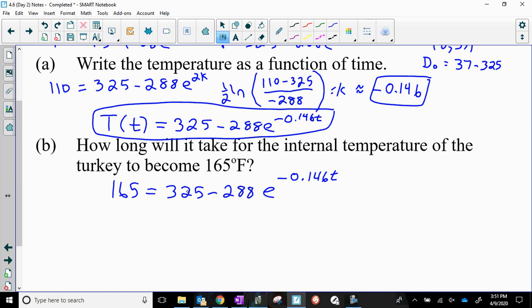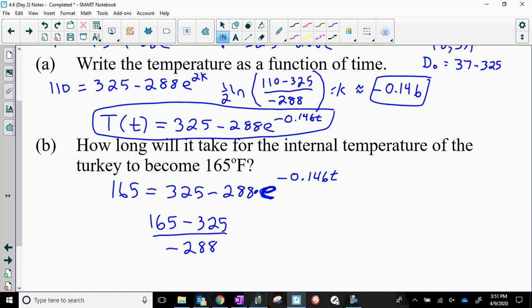So I'm going to isolate. So I'm going to subtract the 325 first. And then I'm going to divide by that number. Then I'm going to have to get rid of my exponential.